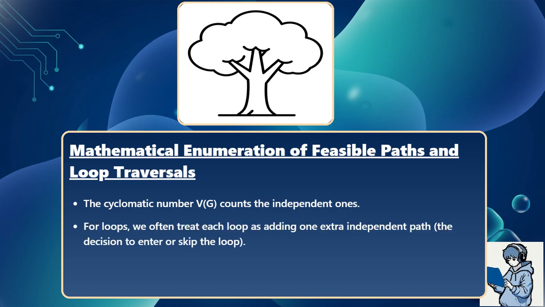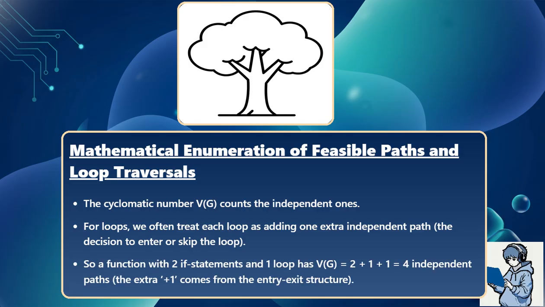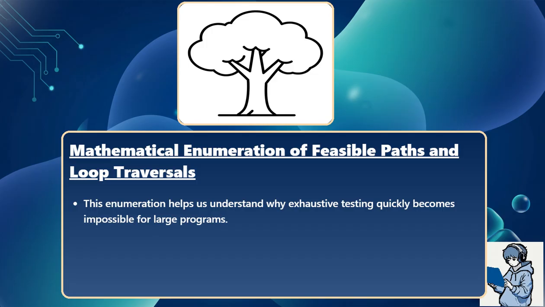For loops, we often treat each loop as adding 1 extra independent path, the decision to enter or skip the loop. So a function with 2 if statements and 1 loop has V(G) equals 2 plus 1 equals 4 independent paths. The extra plus 1 comes from the entry-exit structure. This enumeration helps us understand why exhaustive testing quickly becomes impossible for large programs.